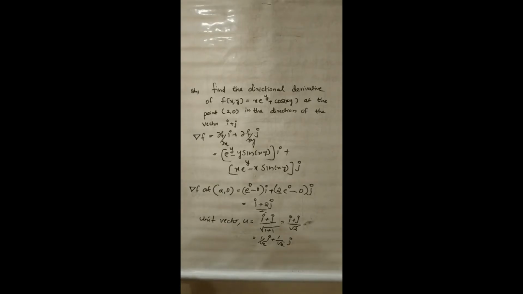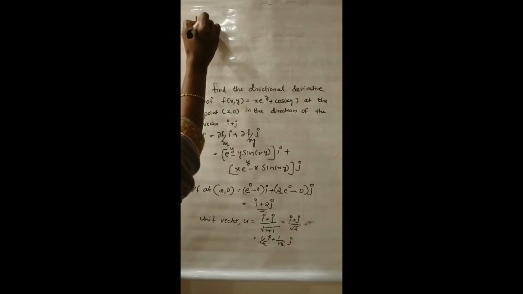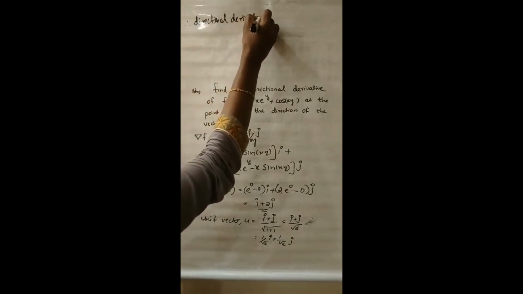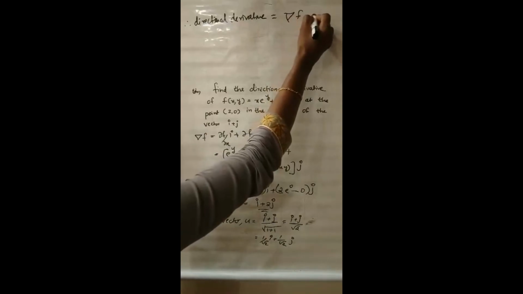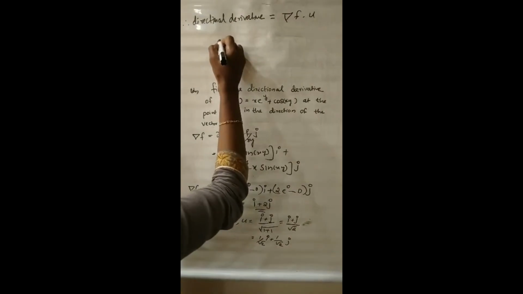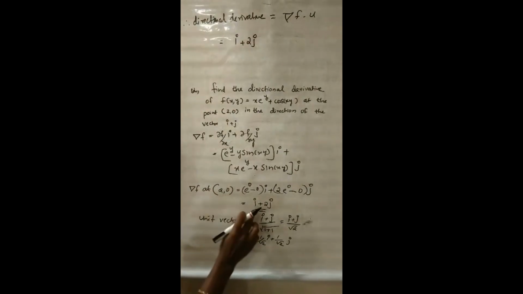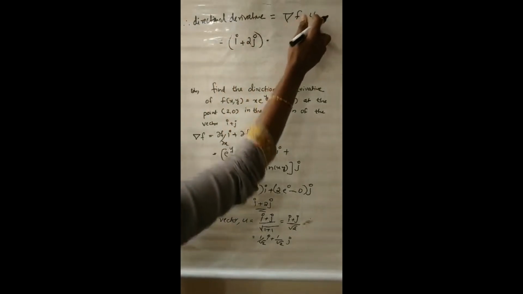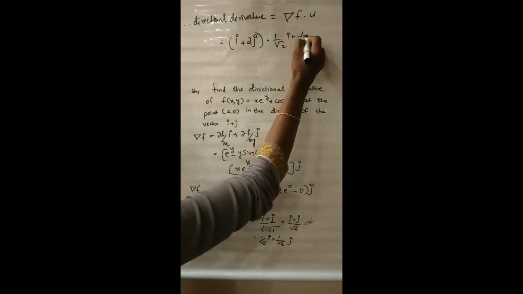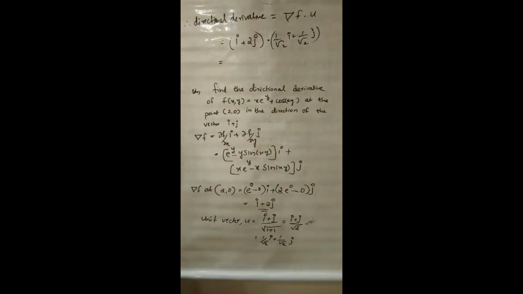So next we can find the directional derivative. The definition is del f dot u. That is equal to, del f we get as i plus 2j. So i plus 2j dot u, the unit vector, which is 1 by root 2 i plus 1 by root 2 j. If you take the dot product of these two vectors, we get the directional derivative.